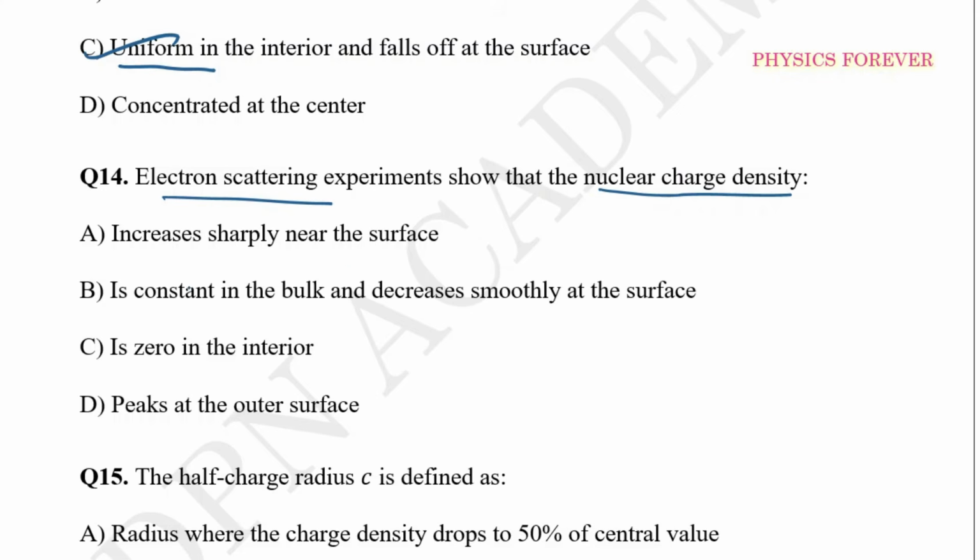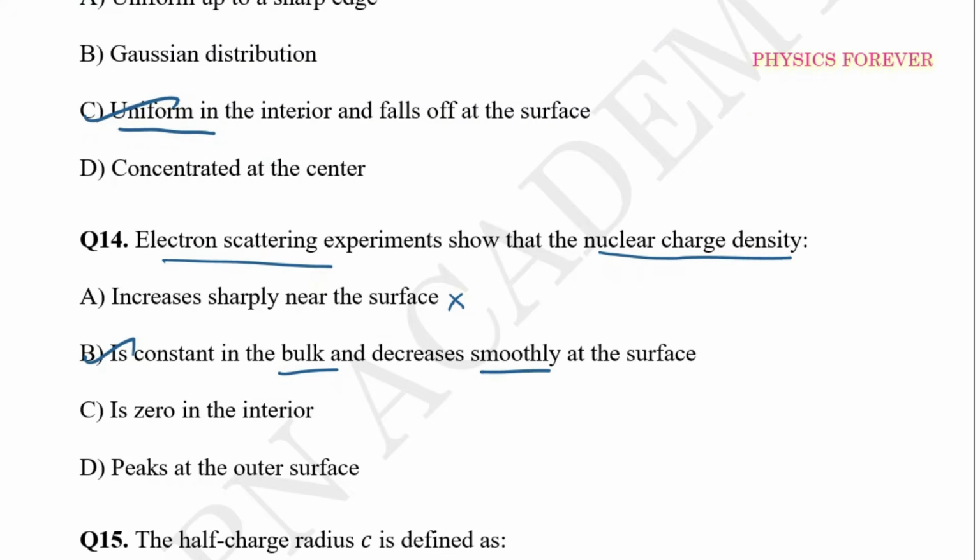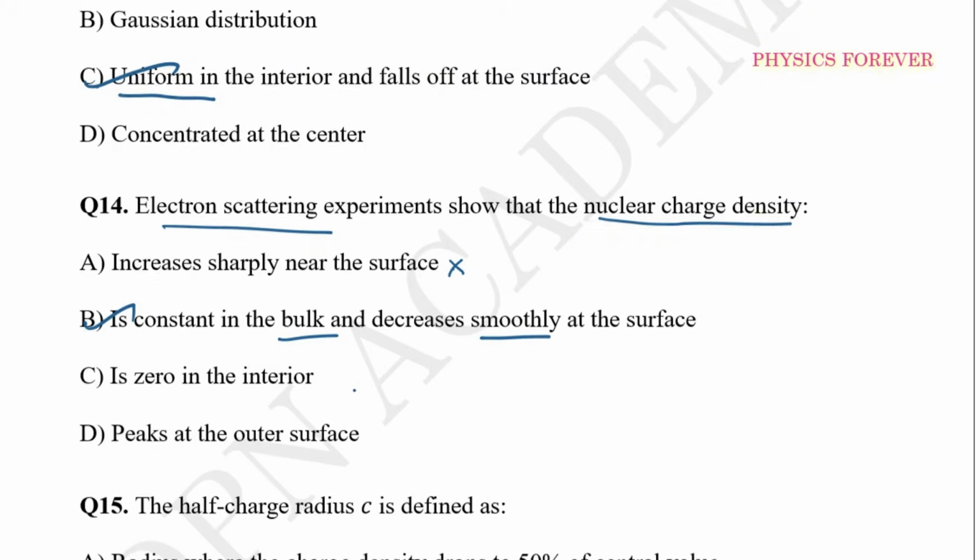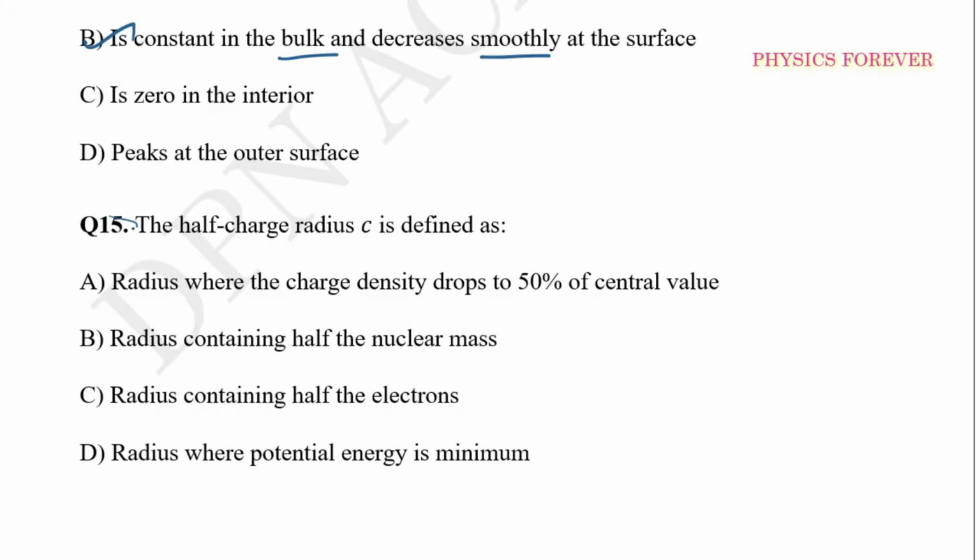Electron scattering confirms only the constant bulk density and a smooth falloff. So the answer will be B. Option B is correct. This is also a continuation from the previous year's question. So constant in the bulk, then smoothly decreasing.